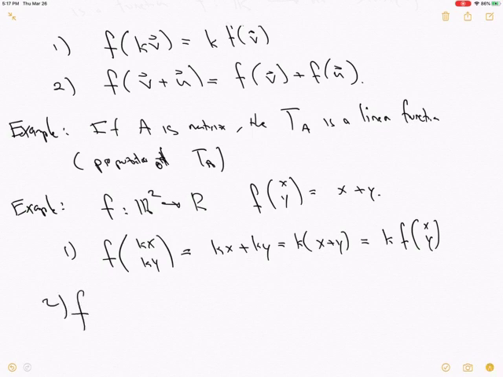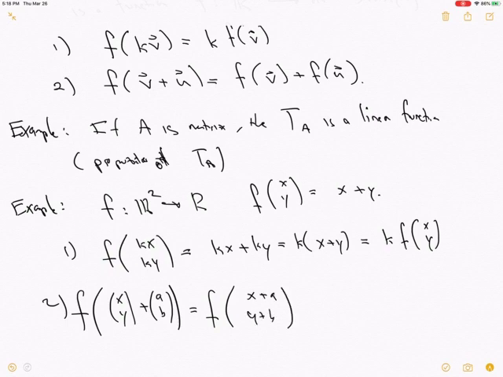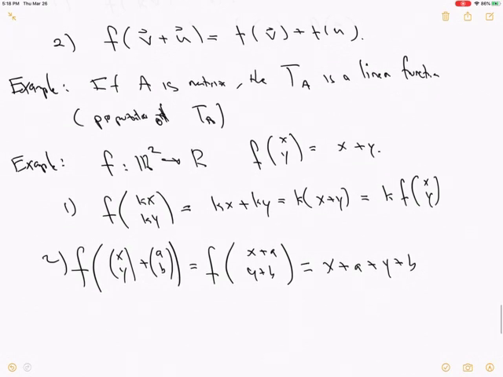And then how does f behave if you take a vector (x, y) and another vector (a, b)? First of all, how do we add them? You add the first entries, and then you add the second entries. Now let's do what the function says: add all the entries together. That's equal to x plus a plus y plus b. Using the rule, we add the first entry with the second entry, and we can rearrange the order of addition.